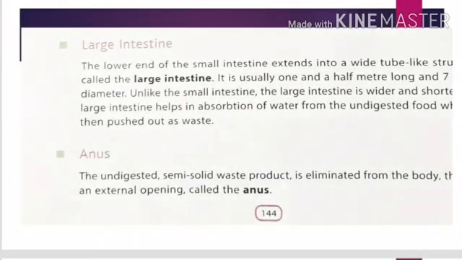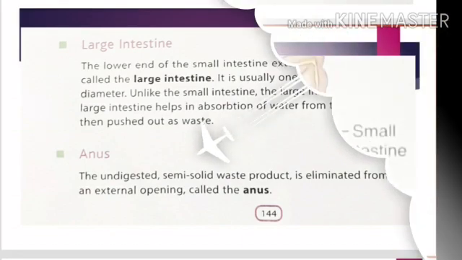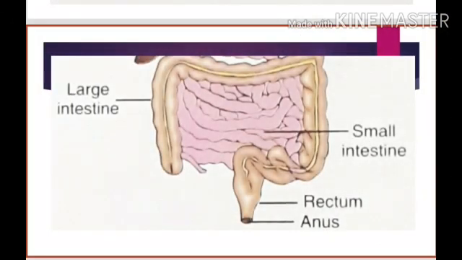Though the large intestine is smaller than the small intestine, why did it get its name large intestine? Because of its breadth. It is 7 centimeter in diameter and 1.5 meter long, a wide tube.